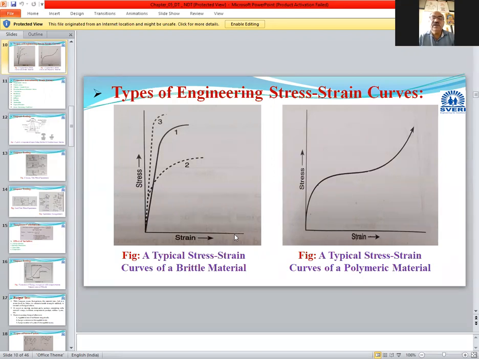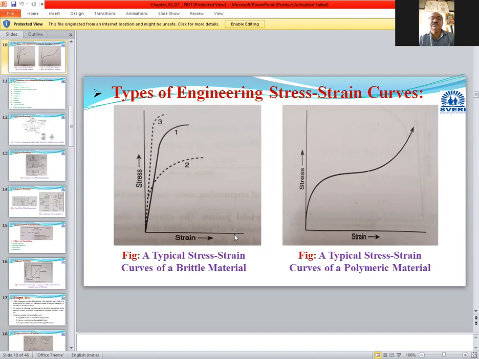So for brittle materials, there is no yield point, directly fracture will be there from 1 to 3 points. Directly fractures will be there, but in polymeric material, just like plastic, initially the stress will stay constant and again it will get increased. So this is the engineering stress strain curve for brittle and polymeric materials.